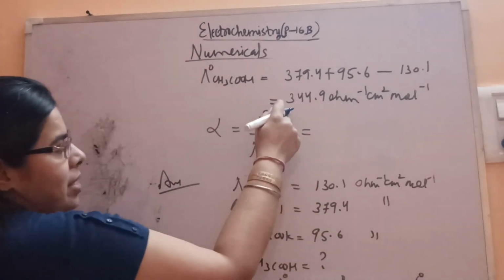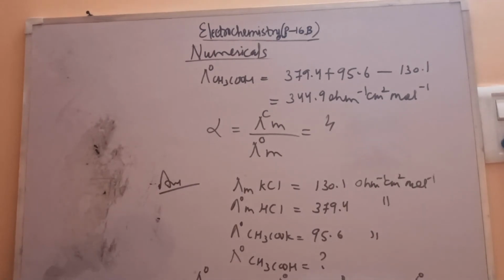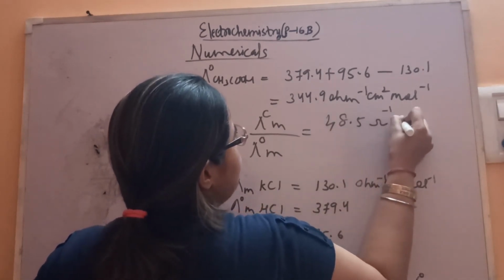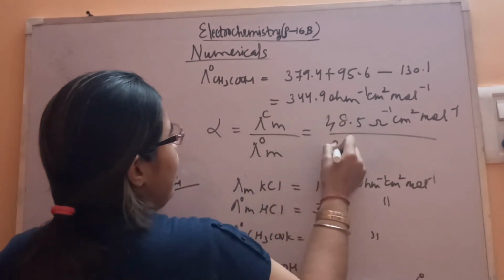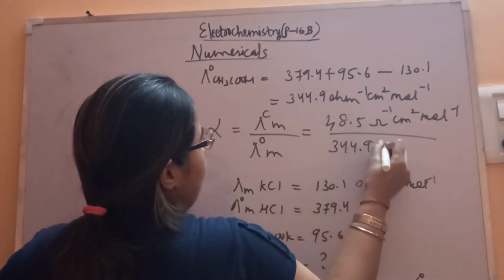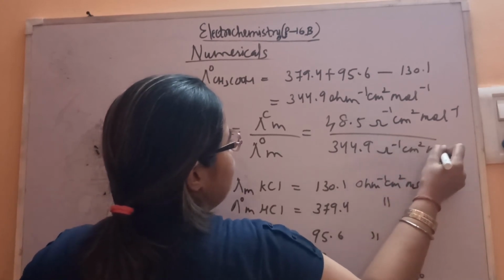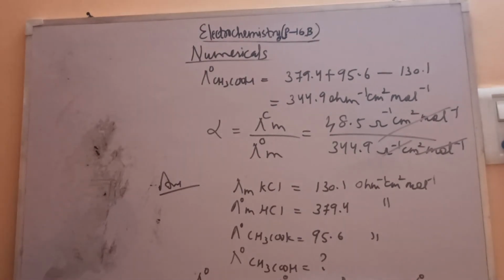This is given in the question, the value is 48.5 ohm inverse centimeter square per mole, and this we have calculated at infinite dilution. Substitute this, you will get the ratio. All the units will cancel out. So what is left? Alpha is coming out to be 0.141.